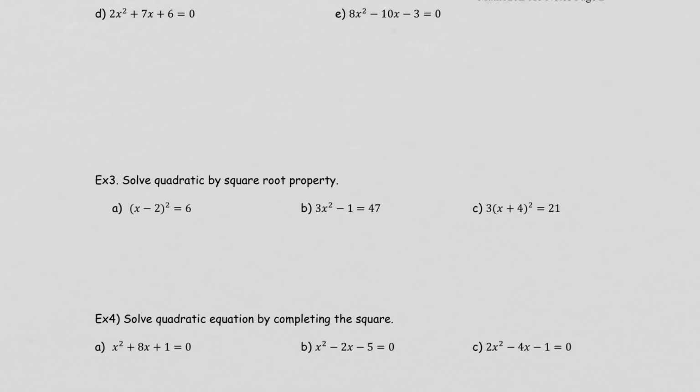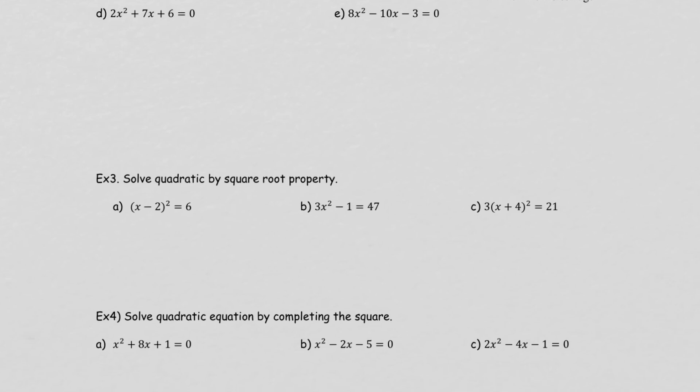Example D, this time we're going to look at factoring when the leading coefficient is higher than 1, right? So we have 2. Again, the method that I'm going to use, you can find examples of it in different videos. We're assuming that we already know factoring. So this is solving equations, right? So when we factor 2, it will be 2 times 1. 6 is 3 times 2.